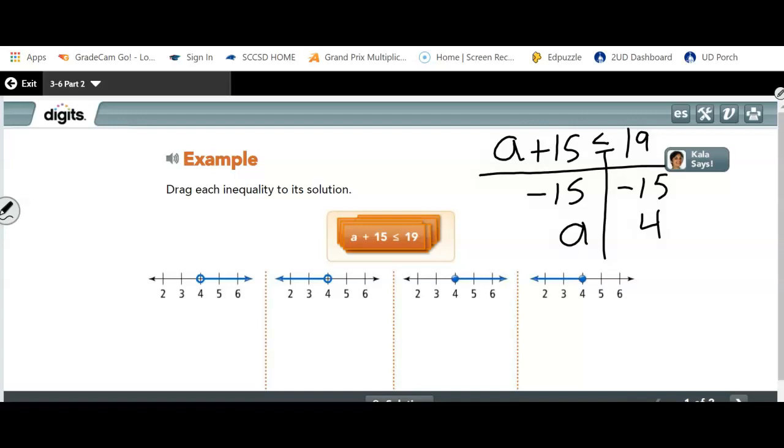So this is very key. A lot of people will bring equal signs down. You have to bring the inequality that is in the original problem down after you've solved it. So A is less than or equal to 4. Will it go in A, B, C, or D?